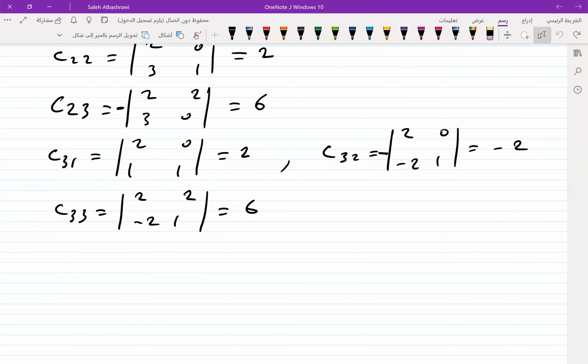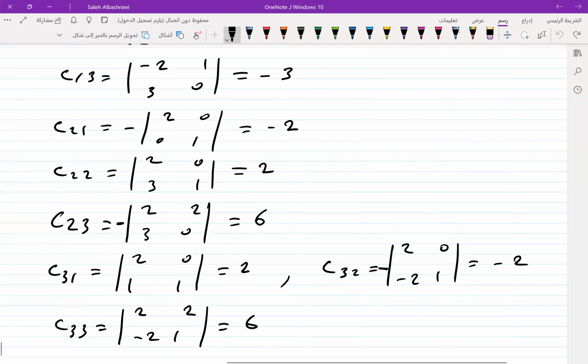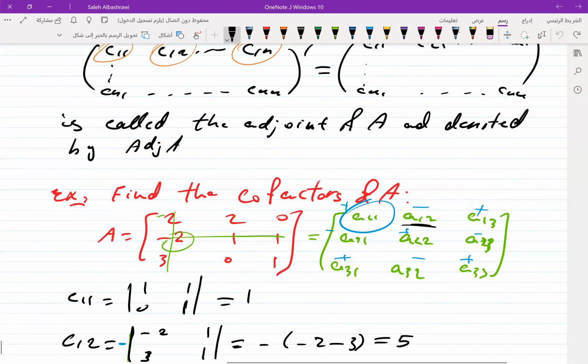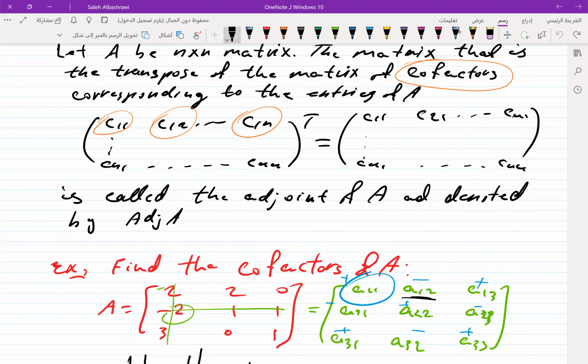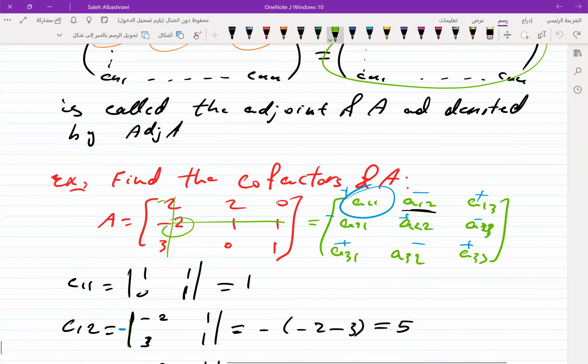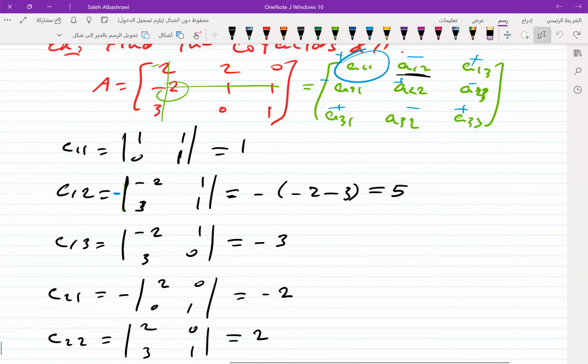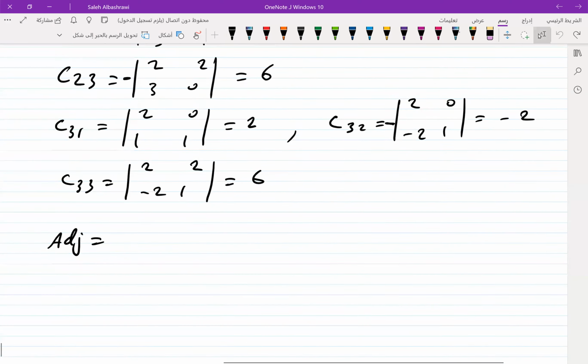So the adjoint matrix will be equal to. We go back to see what the meaning of the adjoint. C11, C21, Cn1. This is the adjoint matrix written in this form. So I will have C11, C21.